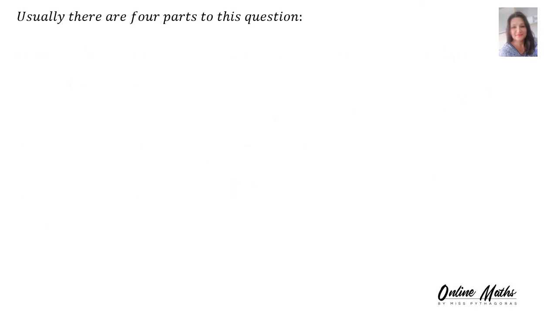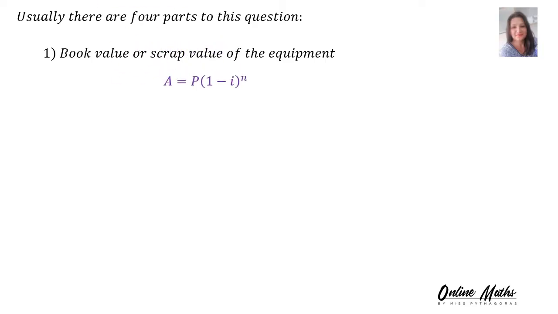Usually there are 4 parts to this question. First, we will work out the book value or the scrap value of the equipment with this formula. The second part will be we'll have to calculate the replacement value or cost of new equipment with this formula.